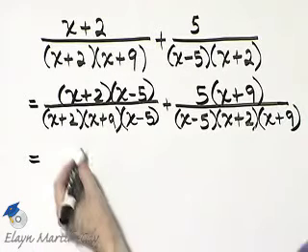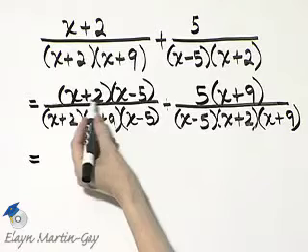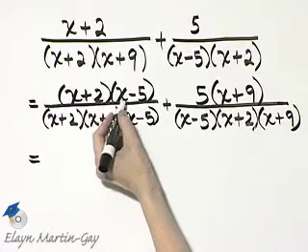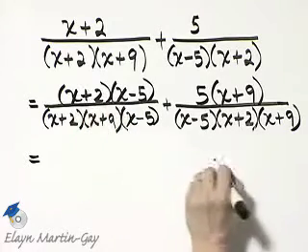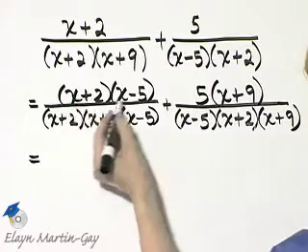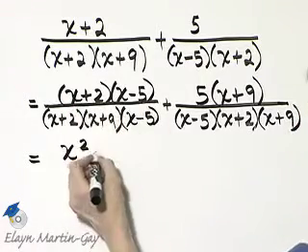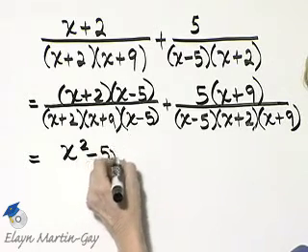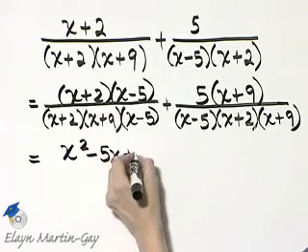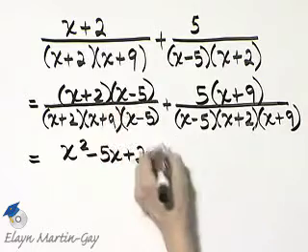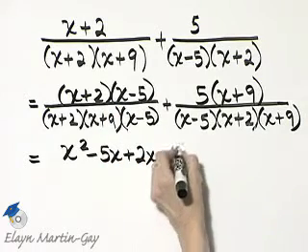Let me do that, but at the same time, I'm going to start simplifying by multiplying these two factors out. It's binomial times binomial, so I'll FOIL. First times first would be x squared, and then the outer products, that's minus 5x, inner plus 2x, and then last times last, minus 10.